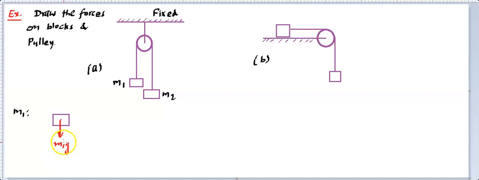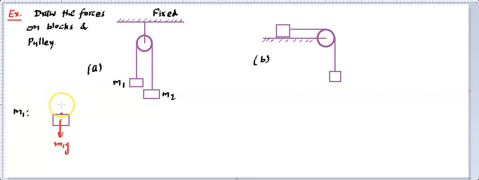So that's done. Then we need to see where this block is in contact. You'll find there's only one contact, at this point, and that contact is with the string. So the string is going to apply a tension force. You just go to the contact point and see that at that point there has to be a tension acting. Now this tension is going to be acting along this string, so you draw the line along this string.